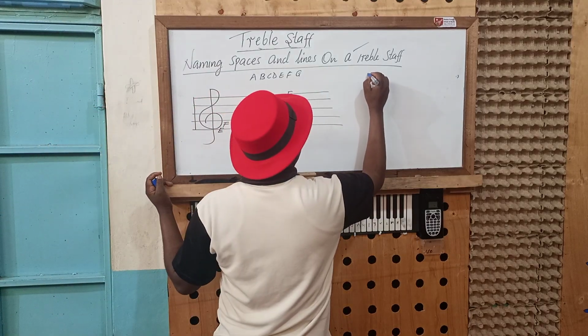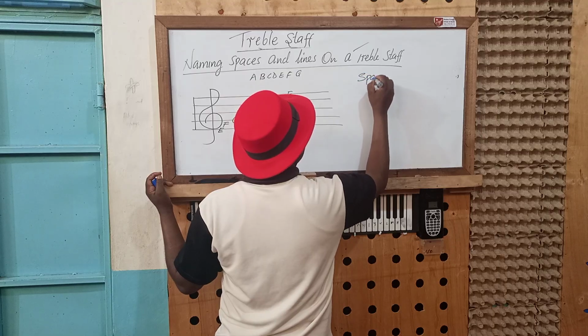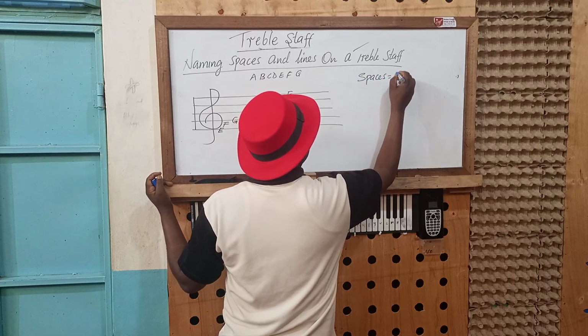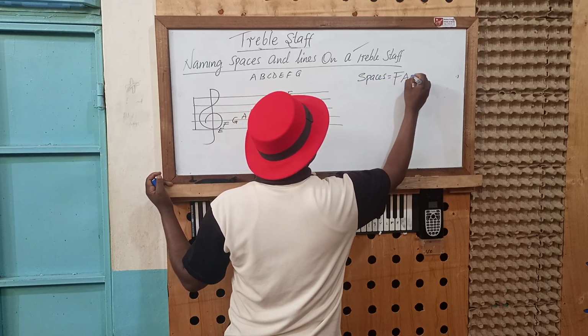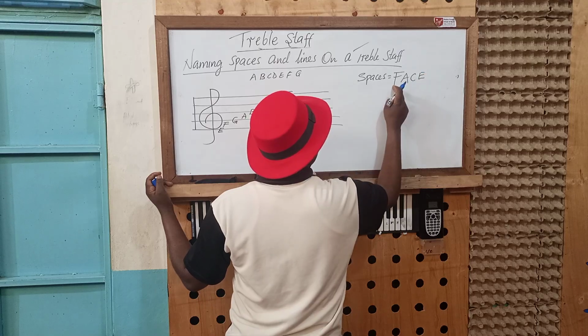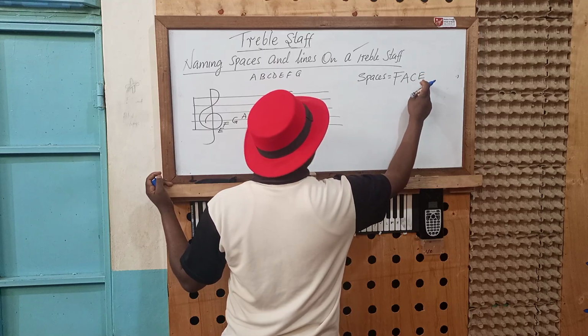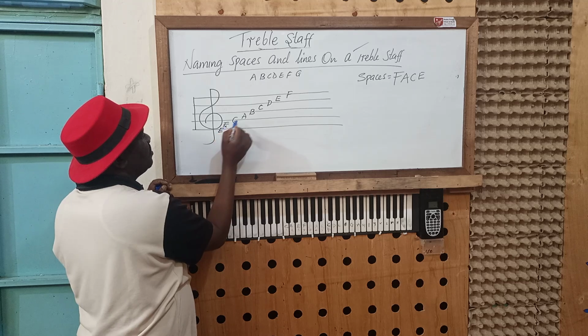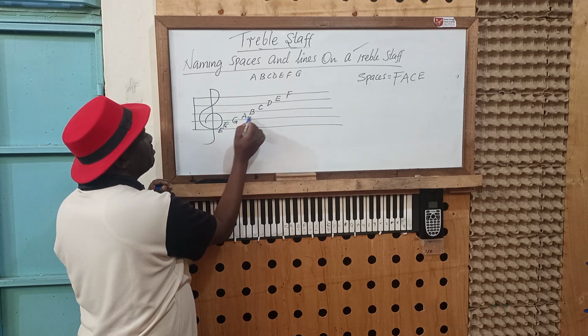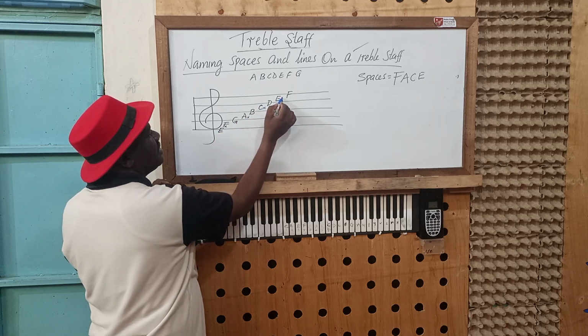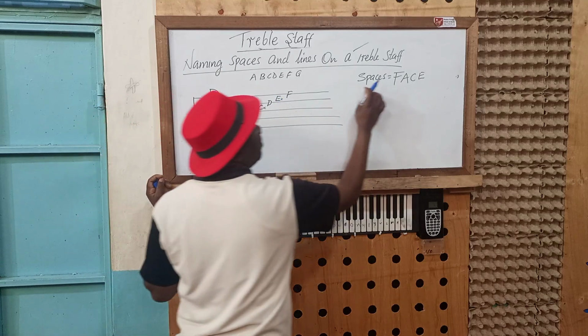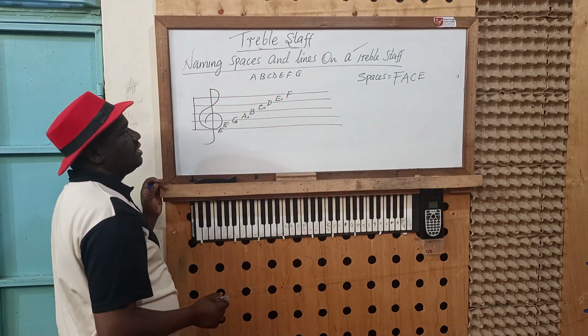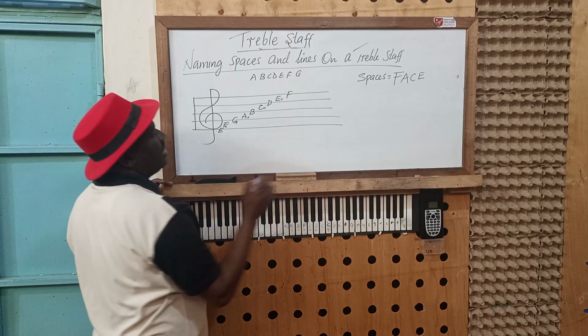Now, for the spaces, you will notice they spell the word face. Space 1, space 2, space 3, space 4. Let's confirm. Space 1 is F, space 2 is A, space 3 is C, space 4 is E. So they spell the word face on our treble staff.